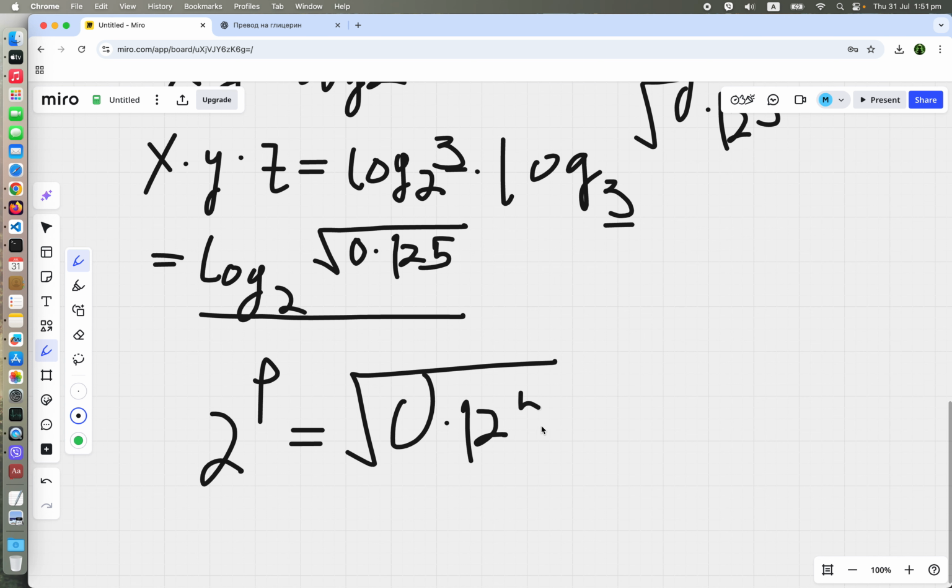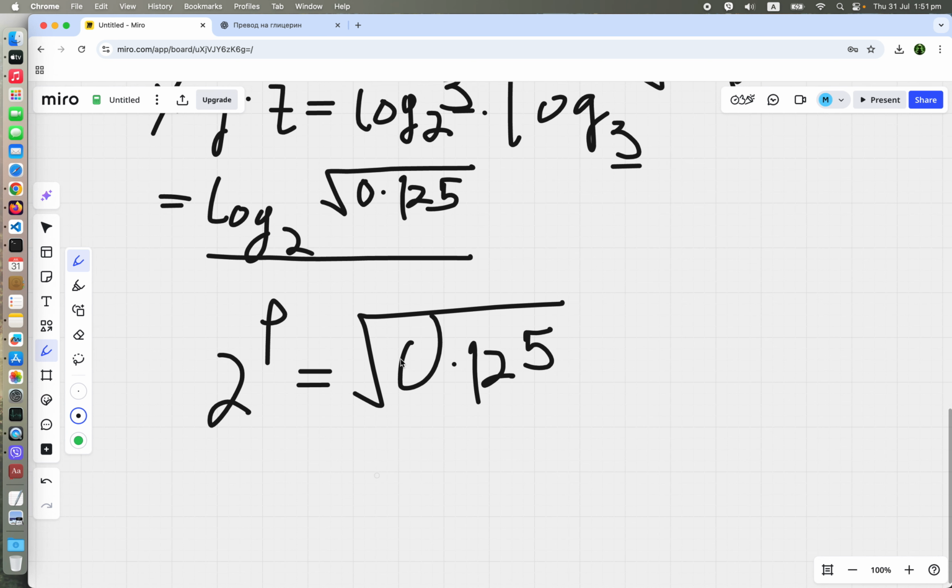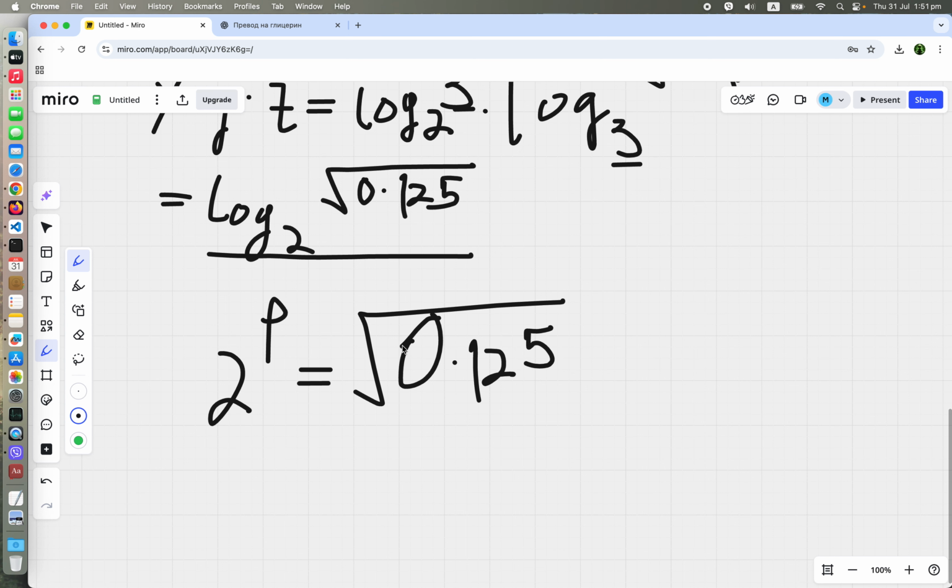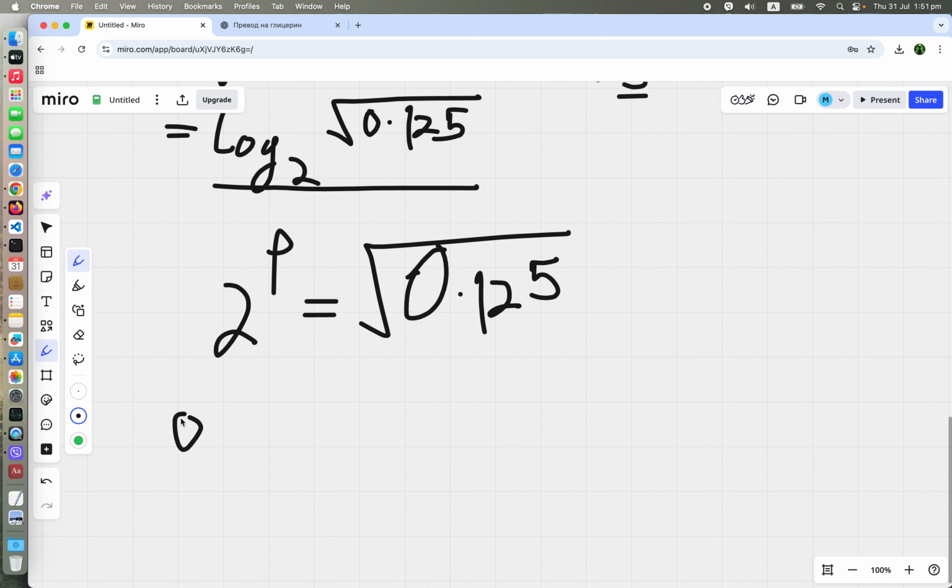Now we see this number and we think it's really hard, but it's not, because 0.125 is just the same as 125 over 1000. That's the same because we move the decimal point 3 times, 1, 2, 3.